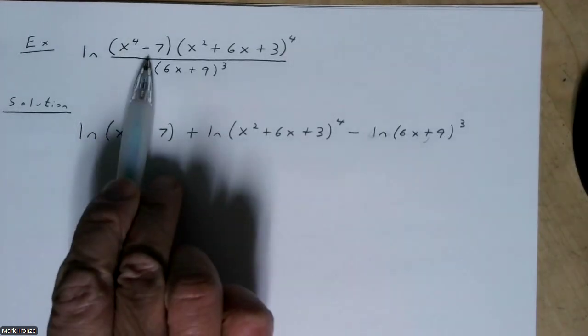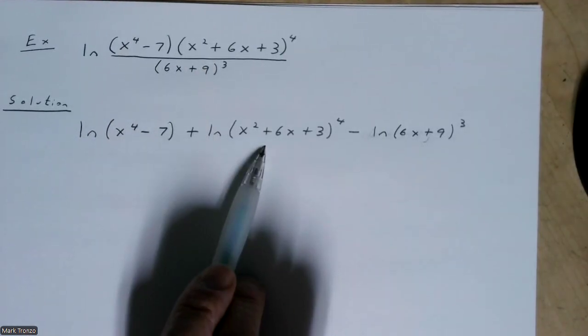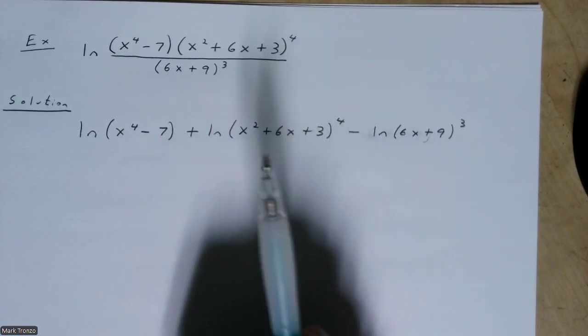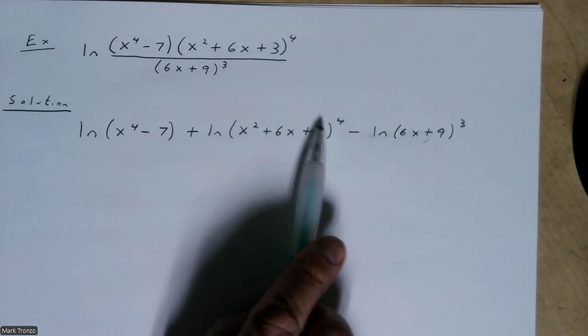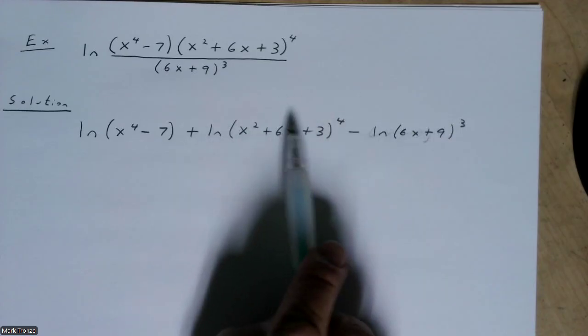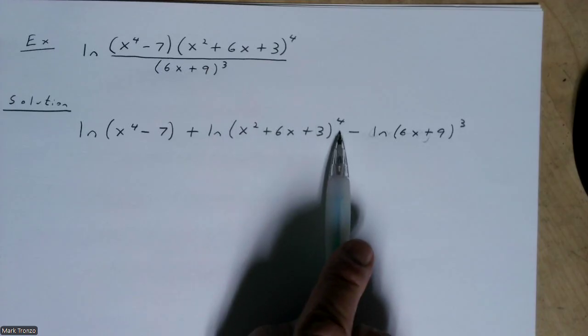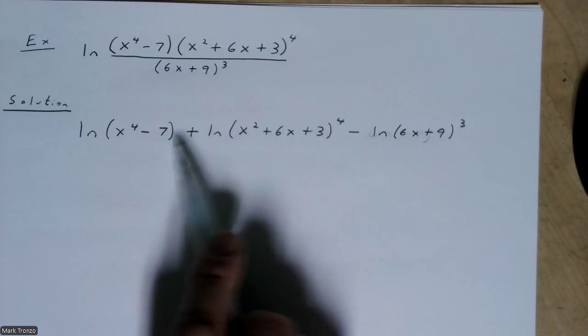Again, the positive goes with the ones in the numerator, and the negative with what was in the denominator. Sometimes, depending on what you're doing, maybe you want the final answer to have nothing in the exponent. You might do a problem that says to have exponents of all 1.